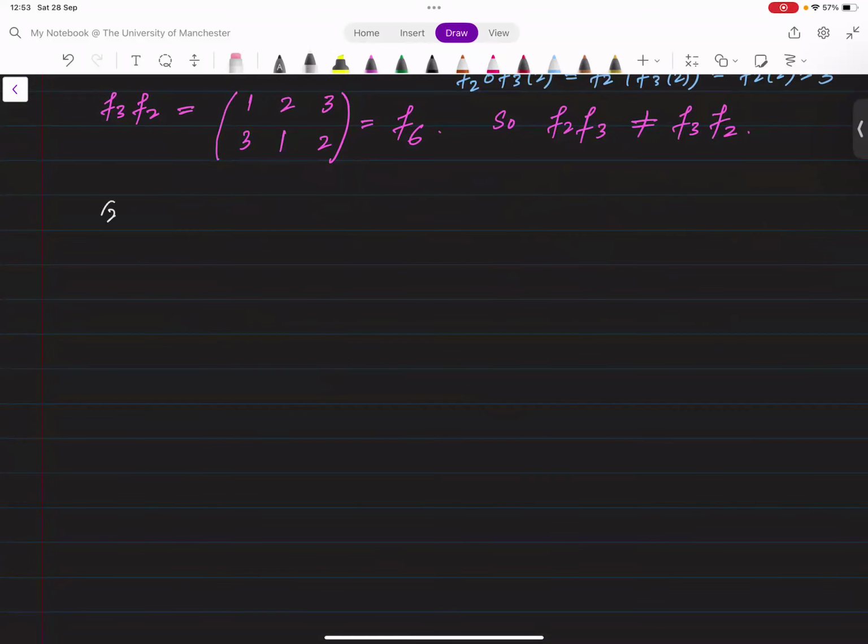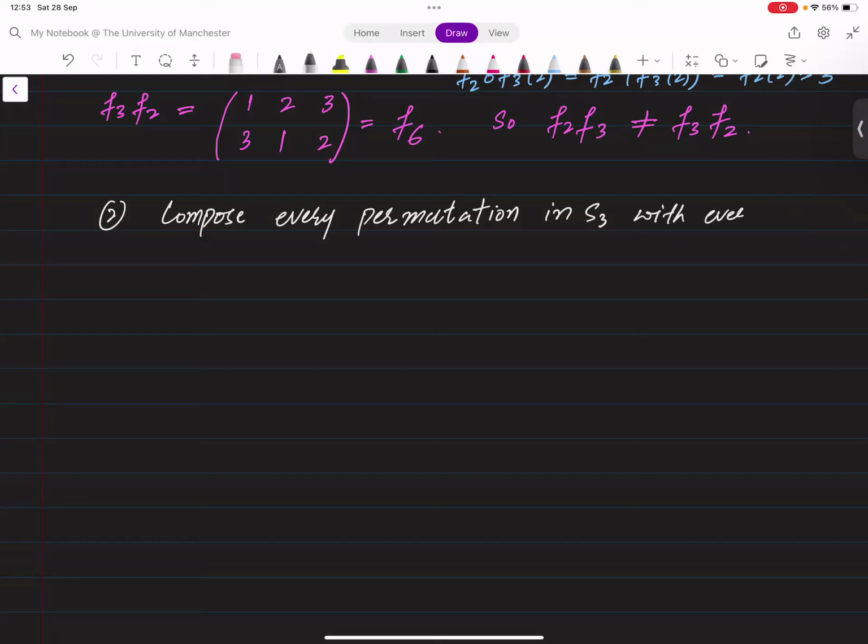So in part 2, we say multiply, or the better word would be compose, every permutation in S3 with every other and itself. And the better way to do that is writing a table.